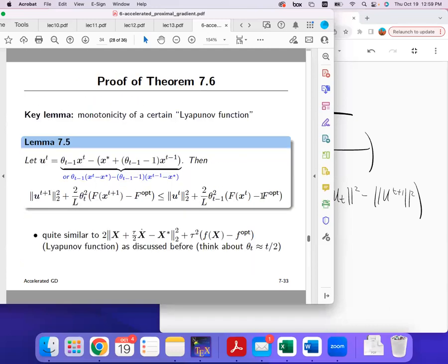Yeah, so this is the proof of this key lemma.